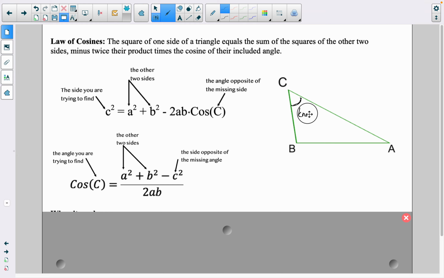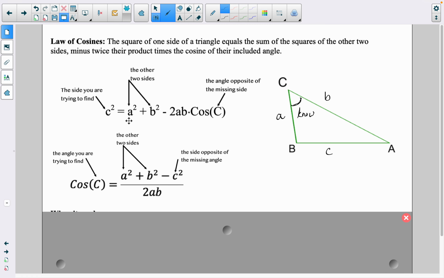We will also know the two sides that include that angle, so we'll know side A and side B. And we're looking for side C squared equals A squared plus B squared, minus 2 times the product of A and B times the cosine of C, the angle opposite the missing side.